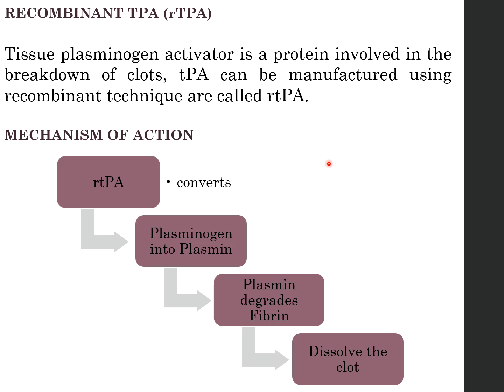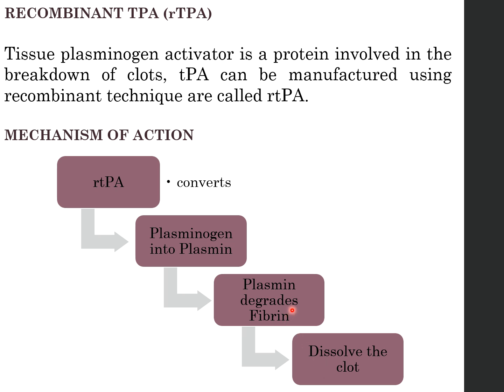Let me see the mechanism of action. This recombinant tissue plasminogen activator converts the plasminogen into plasmin. Plasminogen is a naturally occurring protein and usually it binds to fibrin, the clot. The recombinant tissue plasminogen activator will convert the plasminogen into plasmin and this plasmin will degrade the fibrin. So finally there is a dissolving of the clot.